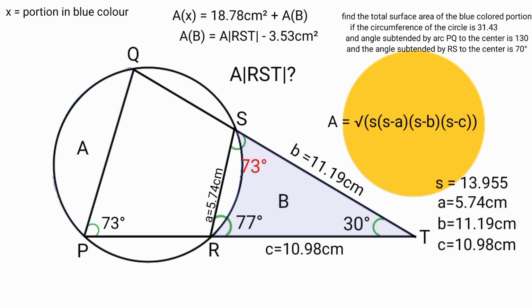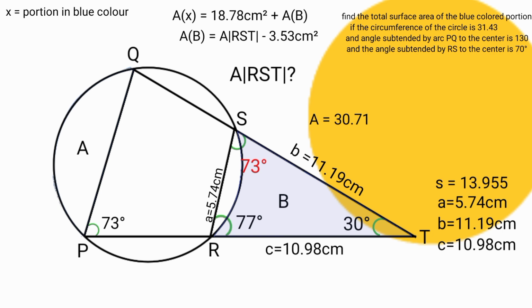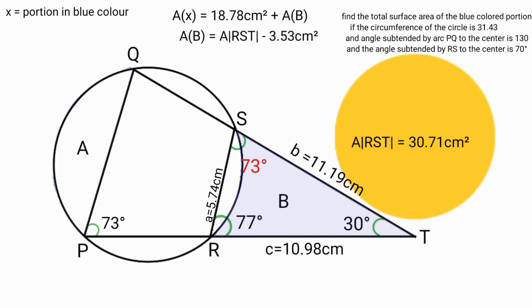Substituting all here into this equation, area of triangle RST is equal to the square root of 13.955 open bracket 13.955 minus 5.74 open bracket 13.955 minus 11.19 open bracket 13.955 minus 10.98, which if you press your calculator equals 30.71. So area of triangle RST now equals 30.71 centimeters squared.